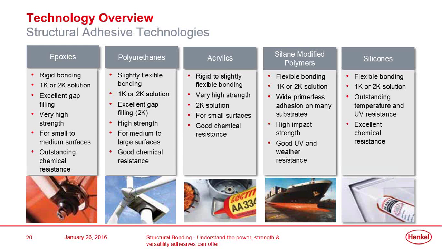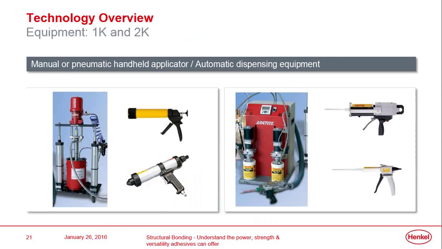They need to be tough and not brittle, but they need to be very high strength and not stretchy. Whereas as we move through the polyurethanes and into the acrylics and so on, across to the silicones, we get much more flexible materials, and these are used in areas where we need greater ability to withstand differential thermal expansion and contraction. We've got parts that are going to see significant temperature cycling and so on.